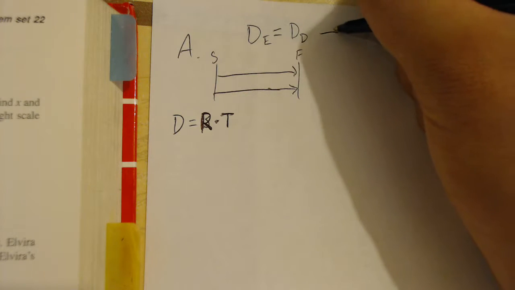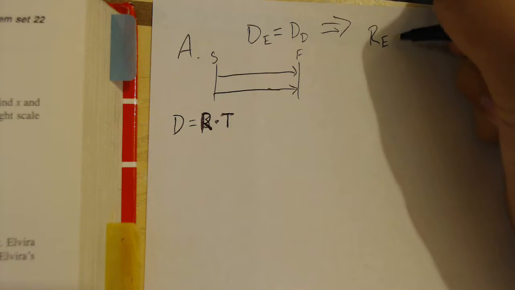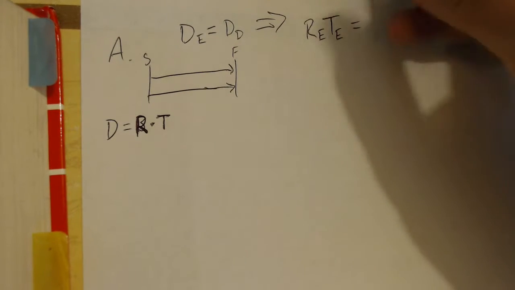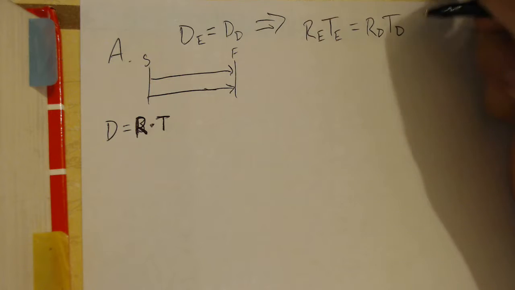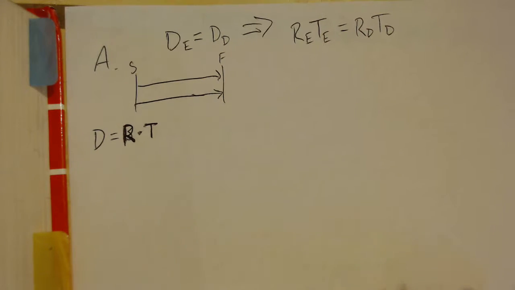So I'll take this equation and I'll rewrite it as rate of E times time of E. And same thing with David, or distance of D, I'll replace that with rate of D times time of D. Now I've got a base equation that I can start substituting and solving into.